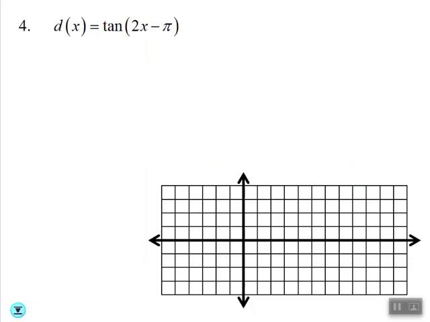Lastly, we have d of x equals tangent 2x minus pi. We have a tangent function again, so we need to take the part in the parenthesis, 2x minus pi, set it equal to negative pi over 2 and positive pi over 2. So we need to add pi to both sides and divide.